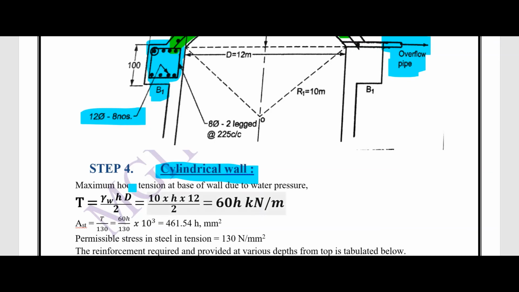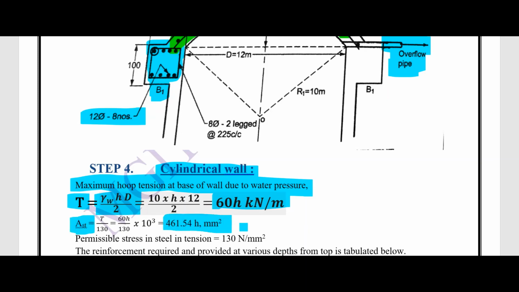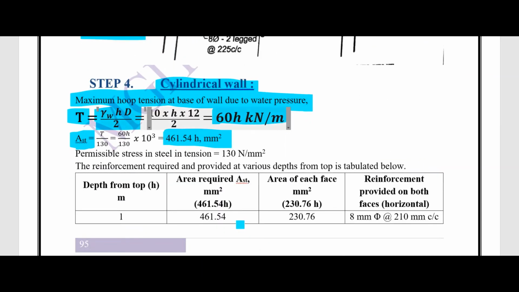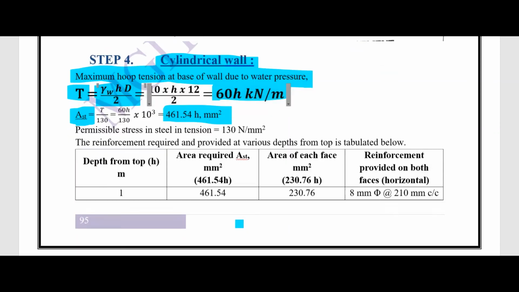So maximum hoop tension at the base of wall due to water pressure, so T is equal to gamma W into small h by d. Same condition we found the tension in the h value, so 60 into h. So AST is 461.54 into small h mm square.